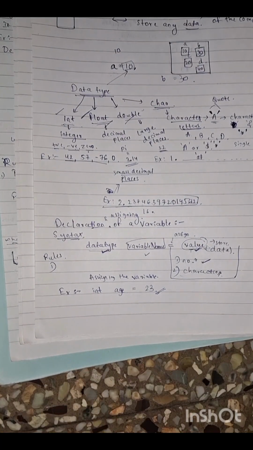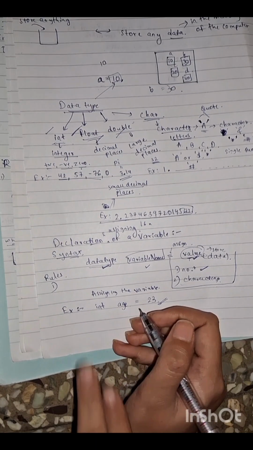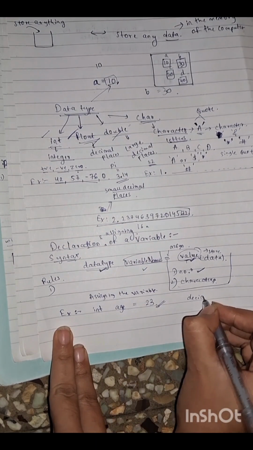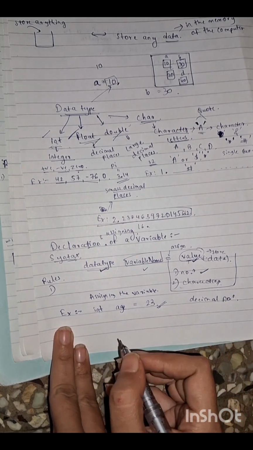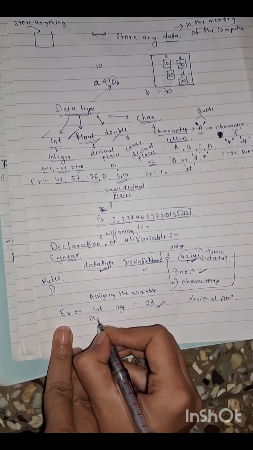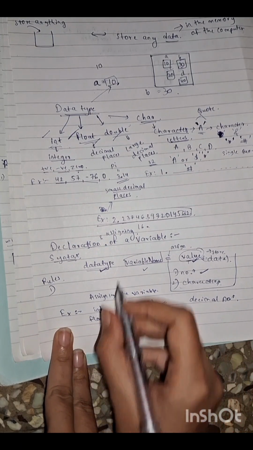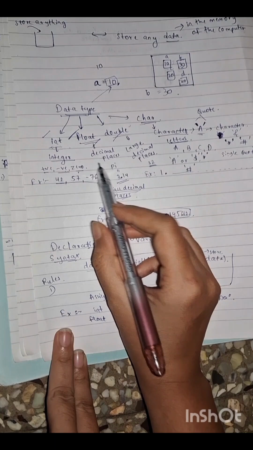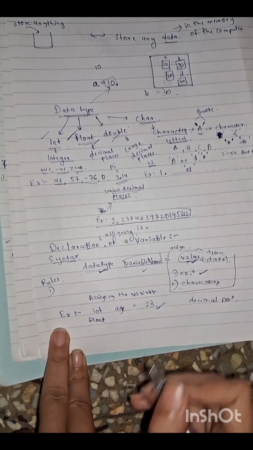Okay. Now if I want to store a decimal number, which data type should I use? I should use float, because it is a small value. For small decimal places, we use float.